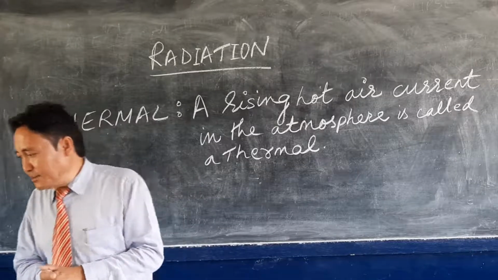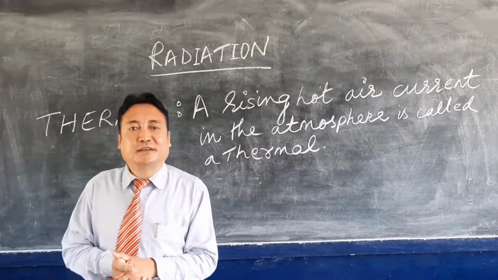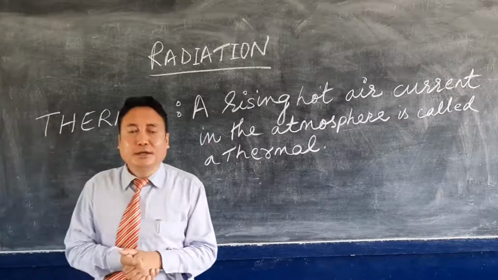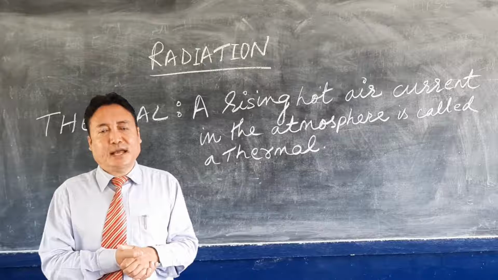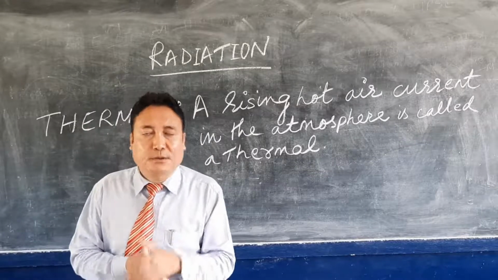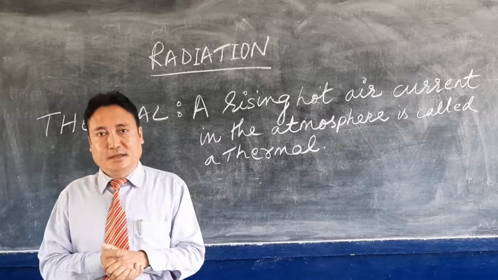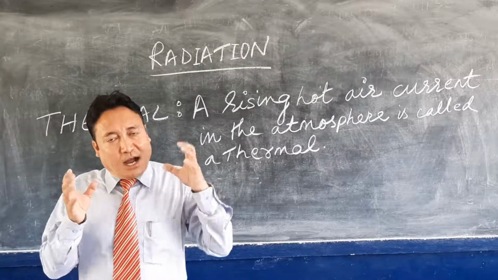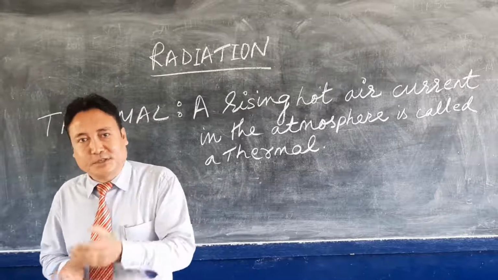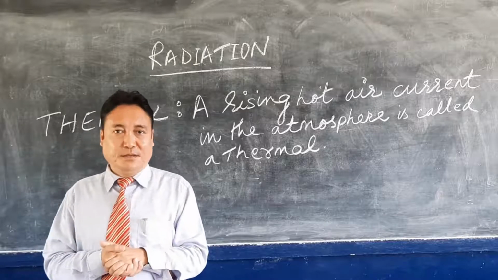Let us come to the next point, absorption and reflection of radiant heat. When the radiant heat, that is the heat from the sun, falls on an object or on a body, some part will be reflected and most of it is absorbed.